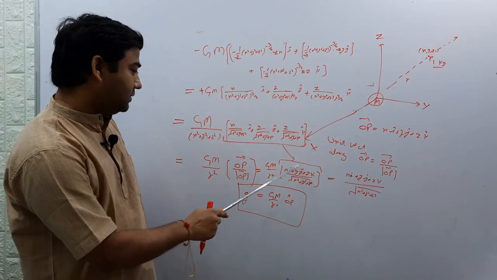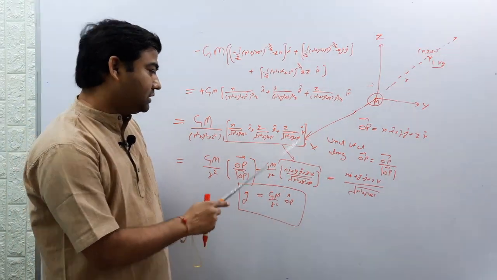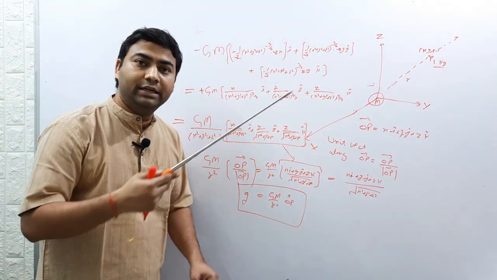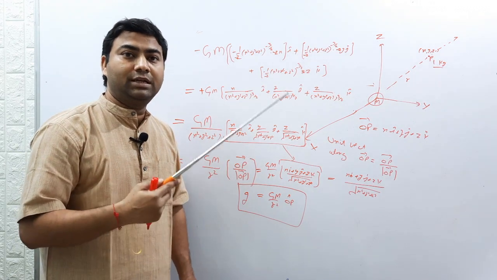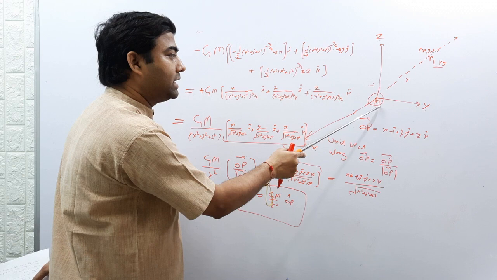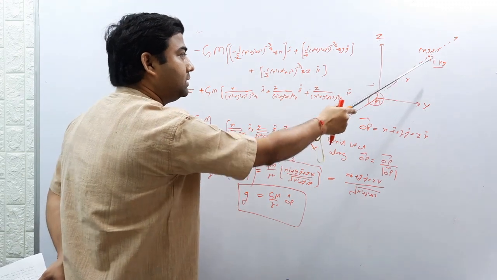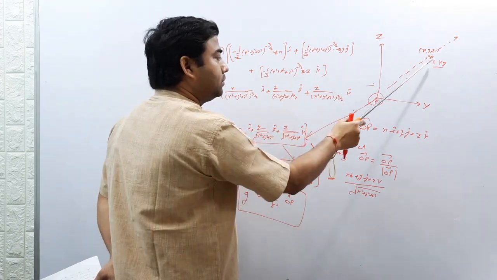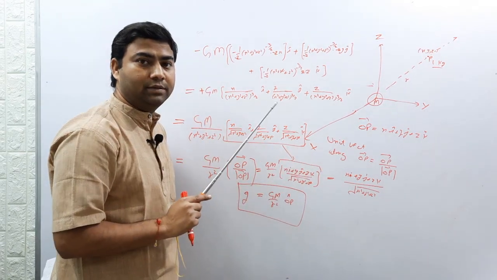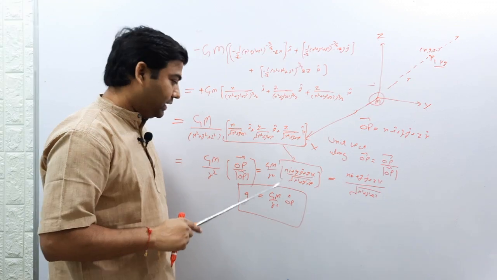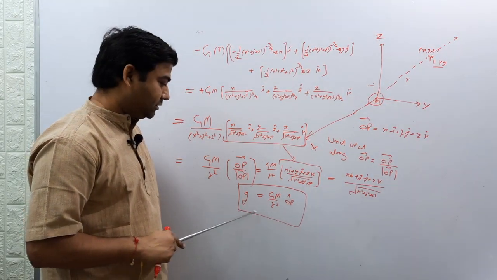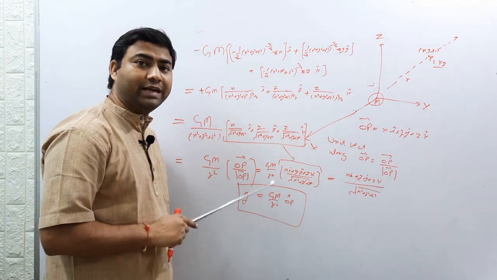So this G, the gravitational acceleration, is a vector field derived by finding the gradient of potential energy due to this mass m at point P. When you find the gradient of the potential energy field, which is a scalar field, you get the expression of the gravitational field, which is a vector field.